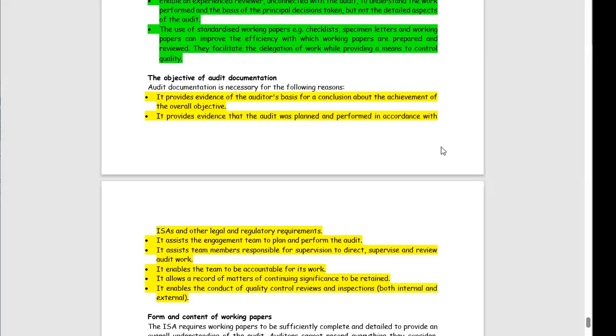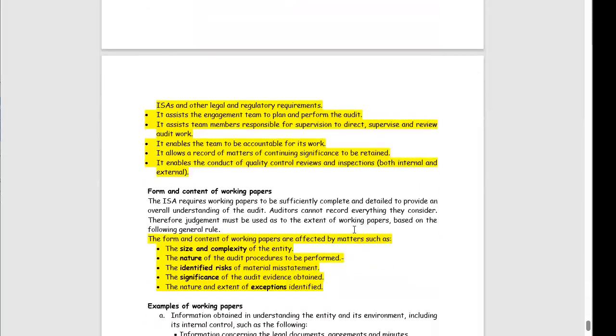Next point, it assists team members responsible for supervision to direct, supervise, and review audit work. Next, it enables the team to be accountable for its work. Next point, it allows a record of matters of continuing significance to be retained.